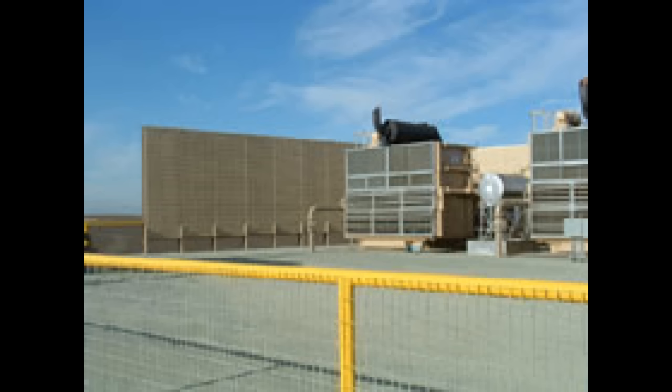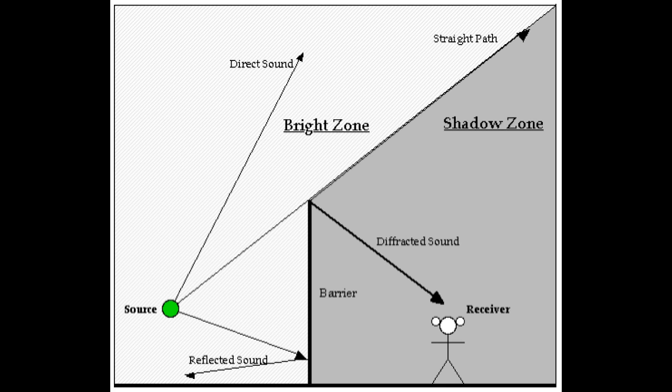Most manufacturers and distributors of noise control materials are smart enough and have the software and the information necessary to help you design for the decibel reduction that you want to achieve with your particular situation.